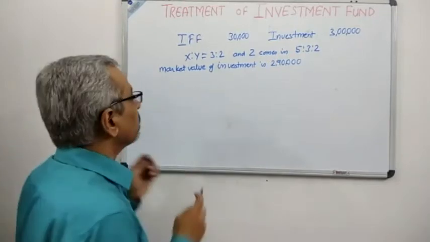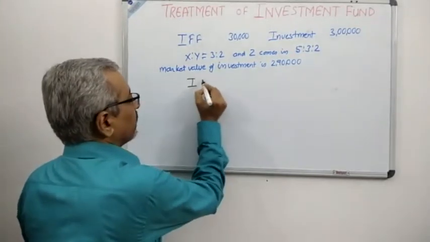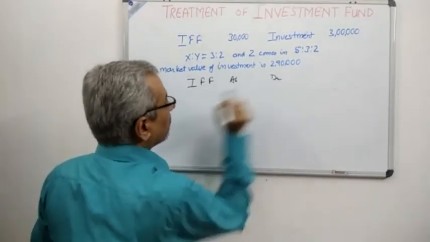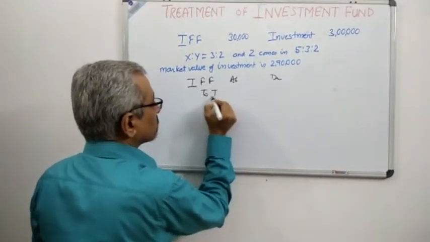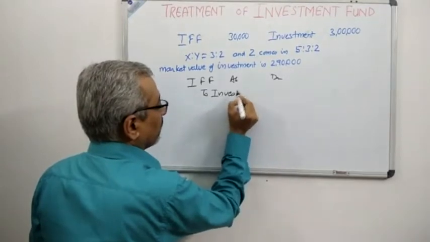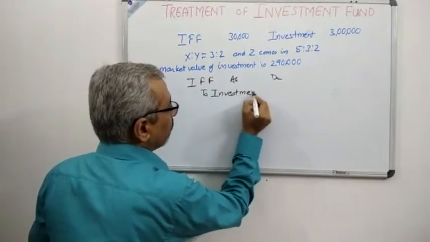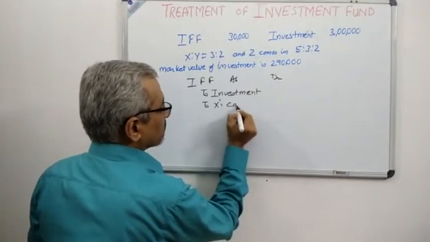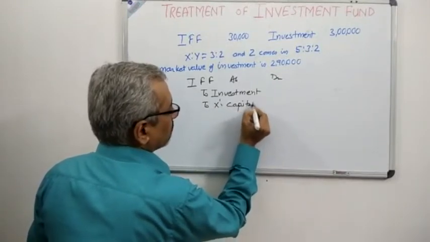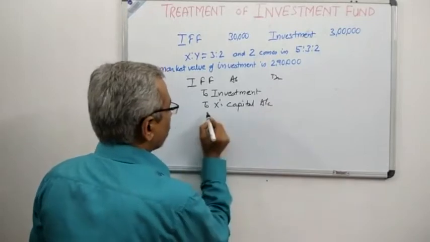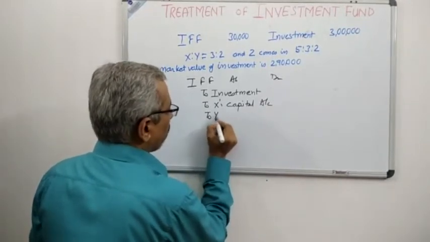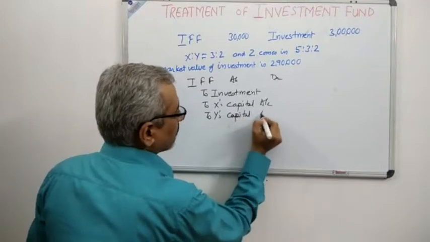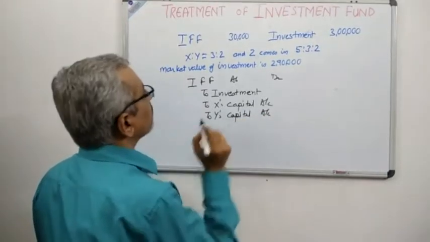The journal entry will be investment fluctuation fund account debit to investment, to X's capital account, to Y's capital account. Please see very carefully.